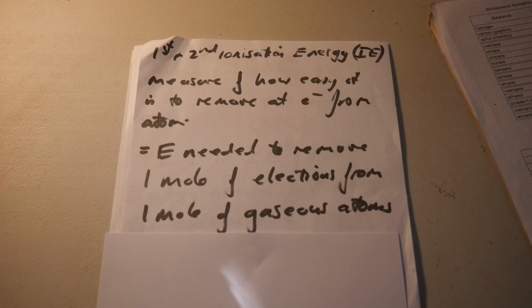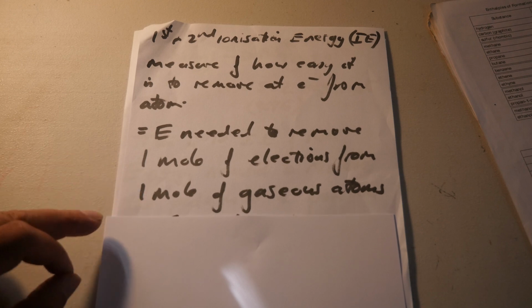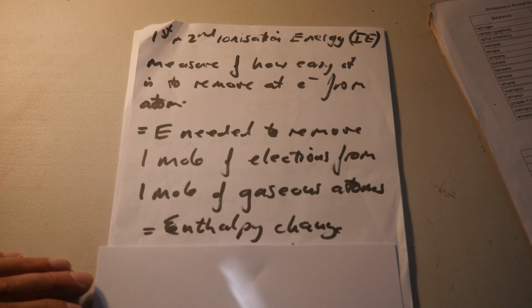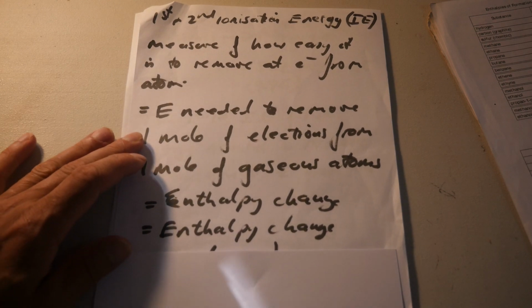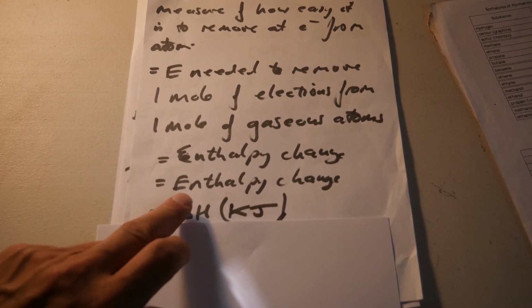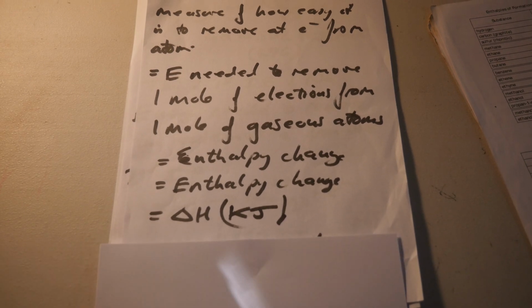So that's when you heat atoms and put them into the gaseous state, basically they're ionized, they're vaporized. So it's the energy needed to remove 1 mole of electrons from 1 mole of gaseous atoms, which is called the enthalpy change, given the symbol delta H.